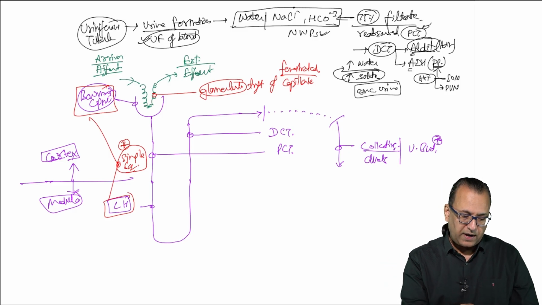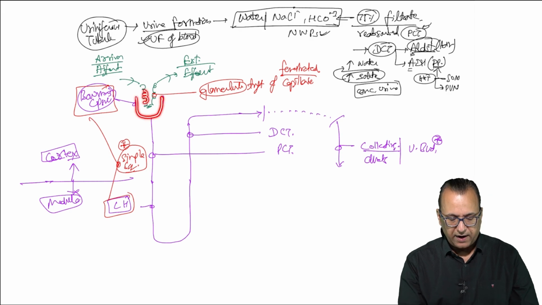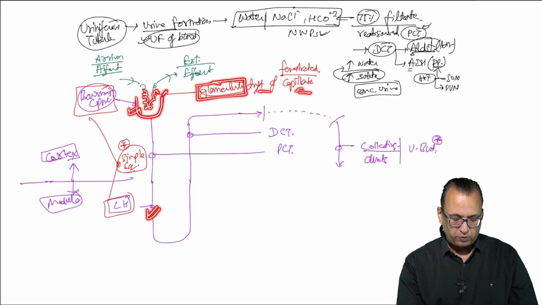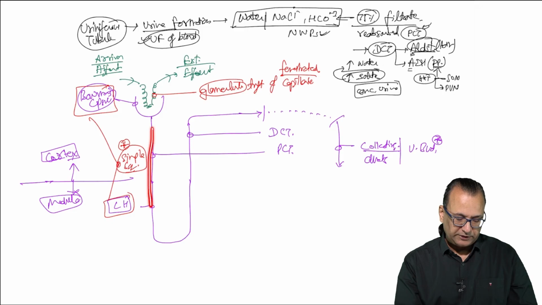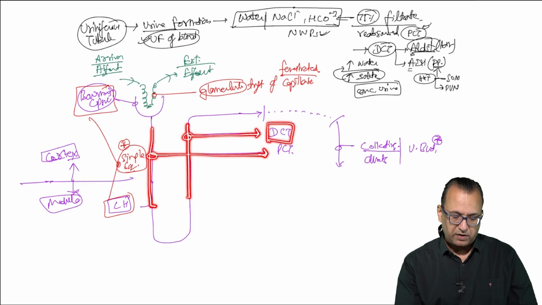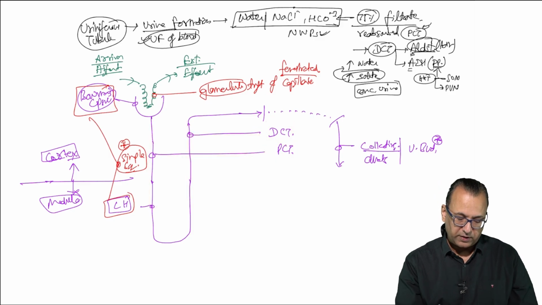Even the glomerulus, which is nothing but a tuft of capillaries, has capillary endothelium. Then what are the PCT and DCT? Both of them are actually simple cuboidal epithelium, a single layer of cuboidal cells.